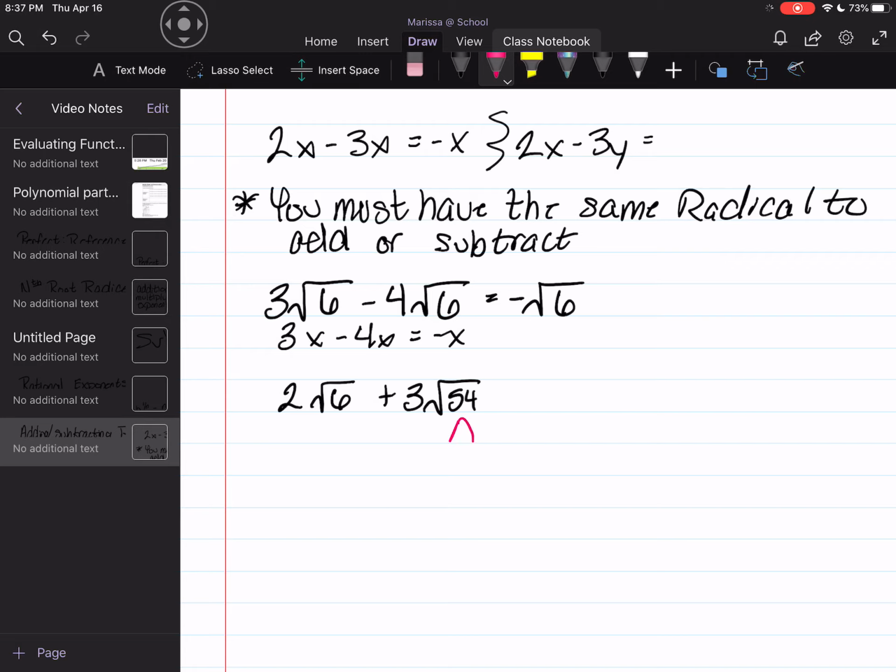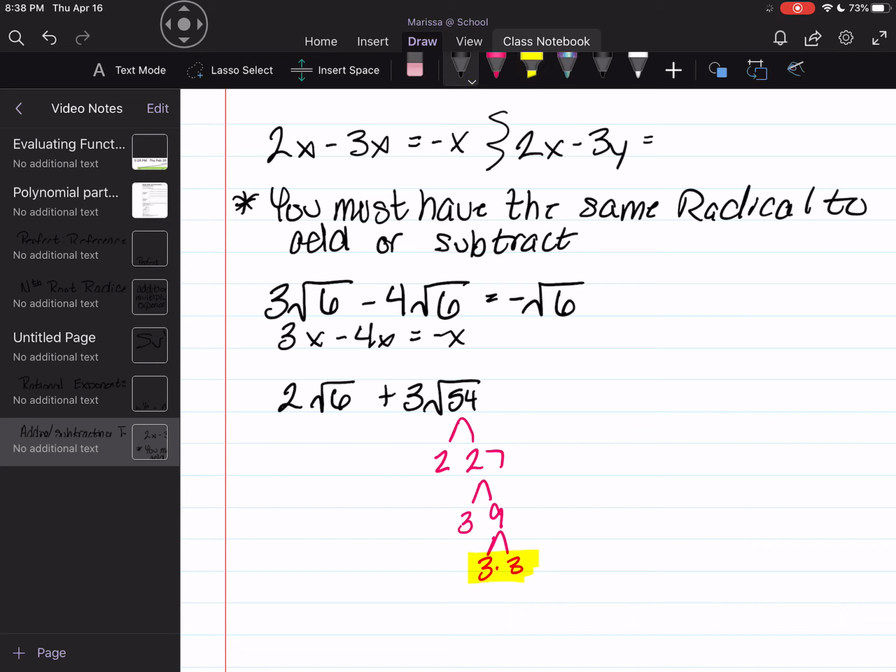54, however, if I do 54 divided by 2, I'm going to get 27. And I know 27 divided by 3 is 9. And then I know 9 is 3 times 3. So I automatically get a group of 3s here. And you did last week's notes, we did this.